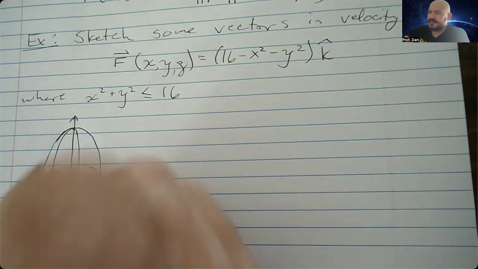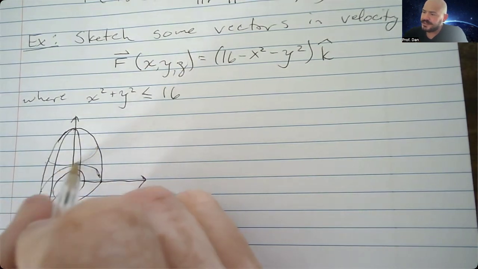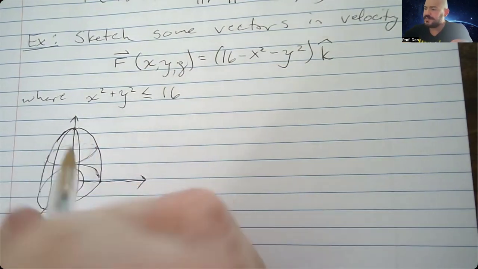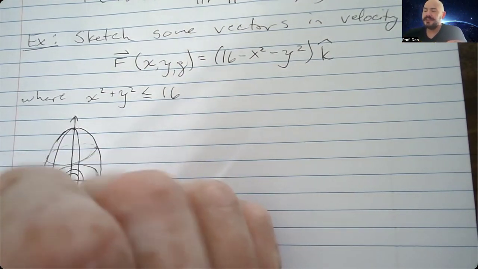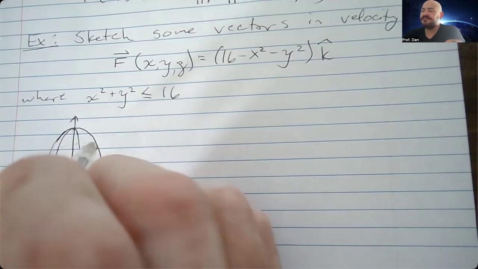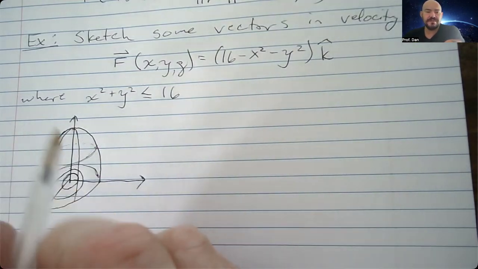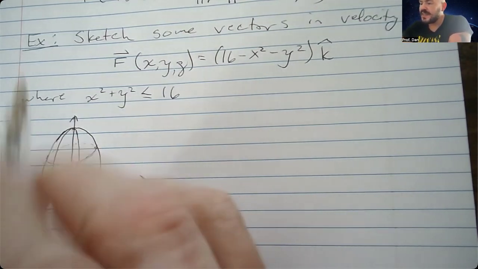So basically, if I were to take this little circular piece of that paraboloid and project it downward, that makes a level curve because all the points on this line have the same z value. Level curve, contour line, whatever you want to call it.